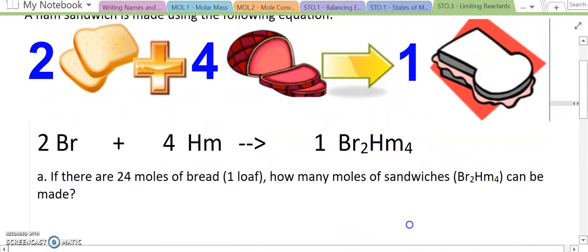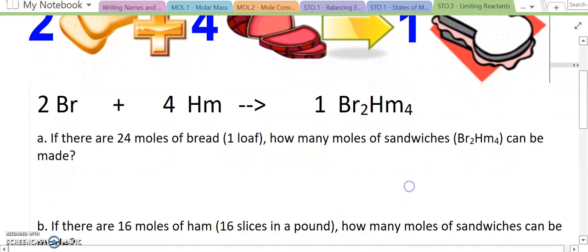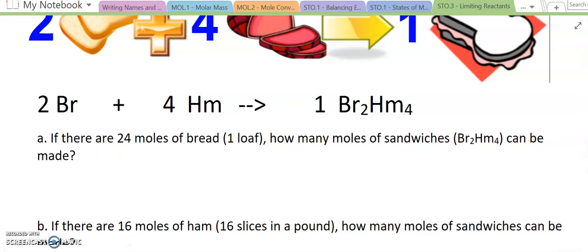It says, part A, if there are 24 moles of bread, how many moles of sandwiches can be made? And that looks pretty much like a standard stoichiometry problem. You have a number with units of one substance, and you have a question asking you to go to some units of another substance from that balanced equation.